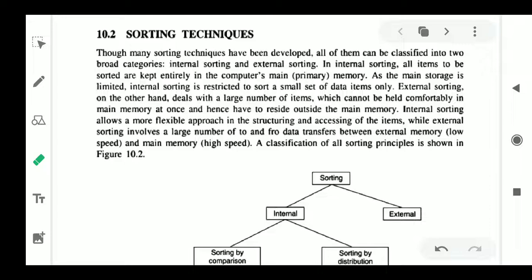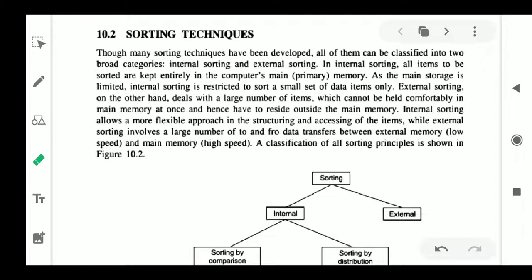What do we mean by primary memory? We have seen that primary memory is nothing but random access memory, so that is temporary memory. After the sorting process, if all the items are kept in the computer's main memory, then it is called internal sorting.